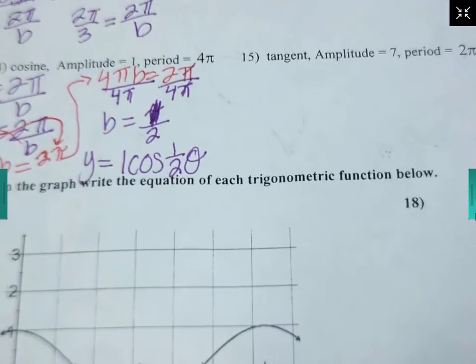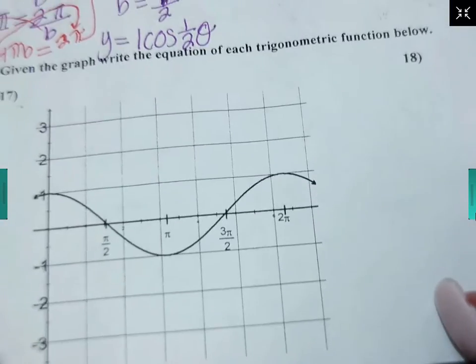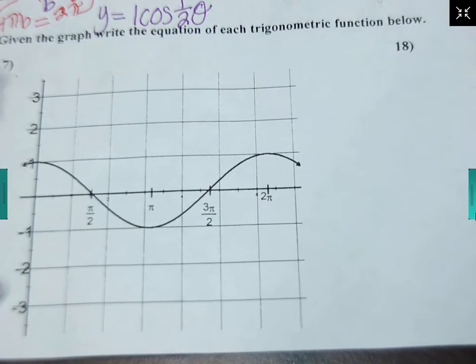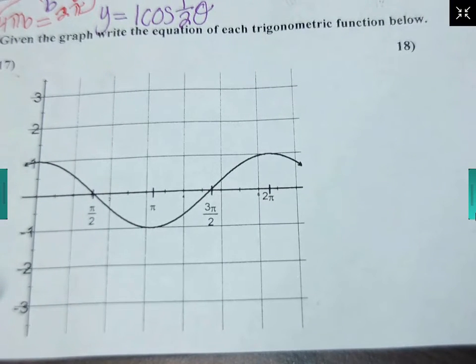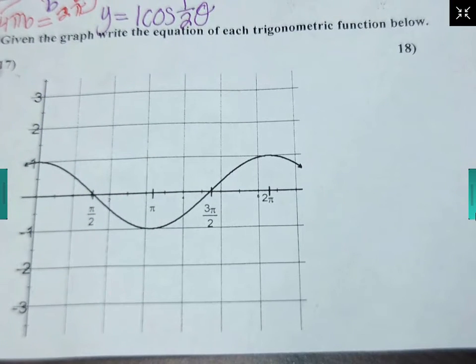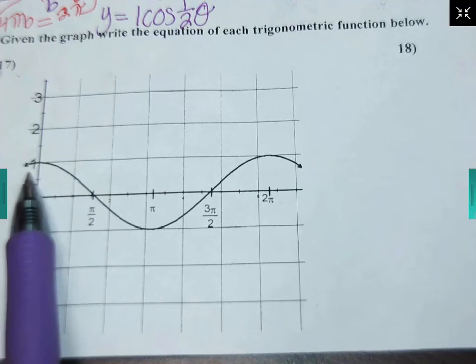All right, for these graphs down here, remember to write the equation, we only need to know A and B, right? So on this graph on number 17, what is A? 1. And is this sine or cosine? How do you know it's cosine? Starts at 1.